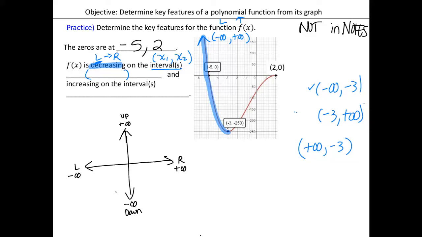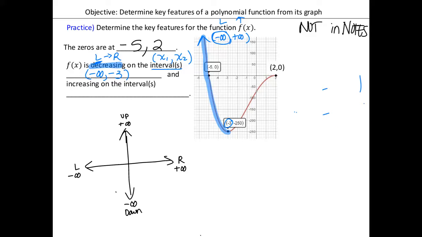So negative infinity to negative 3 is what you should have had. But I overheard some of you said you thought we were on the increasing part, but it was decreasing. Okay.